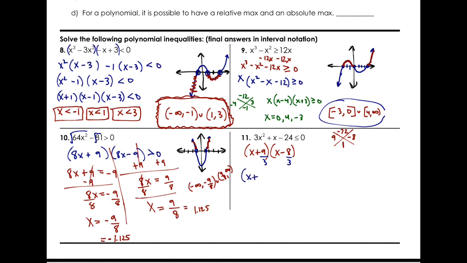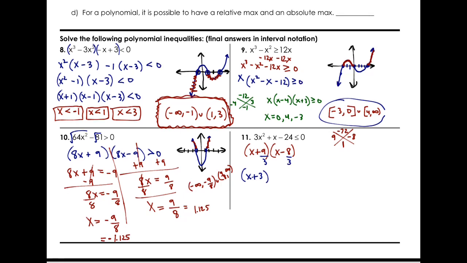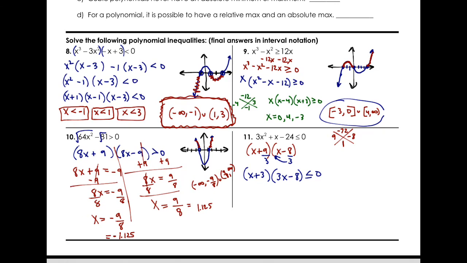x plus 3. And that one does not simplify down, so we do bottoms up. That would be 3x minus 8 is less than or equal to 0, and then we solve. We know that this x plus 3 is going to solve out to x is equal to negative 3.